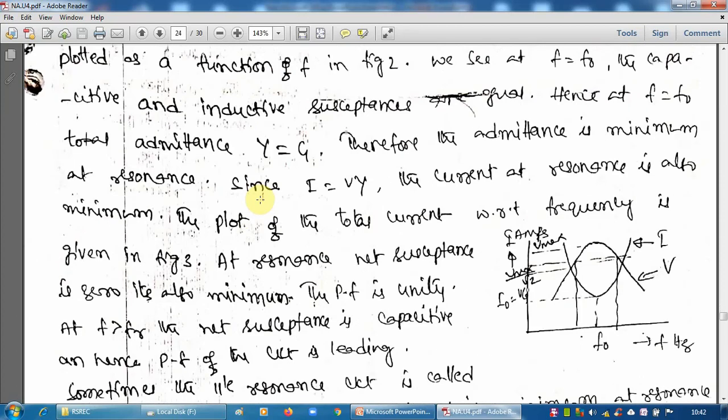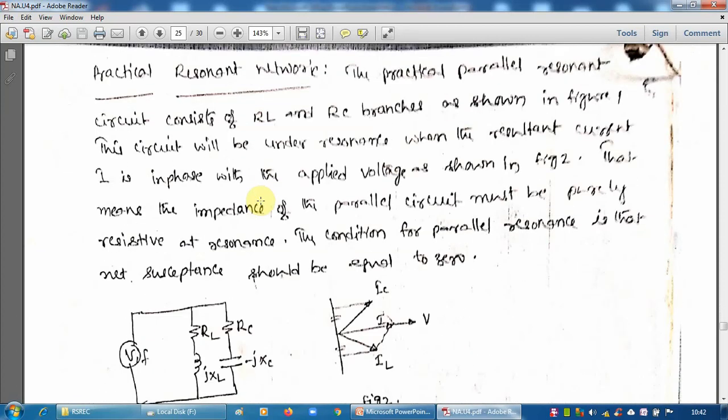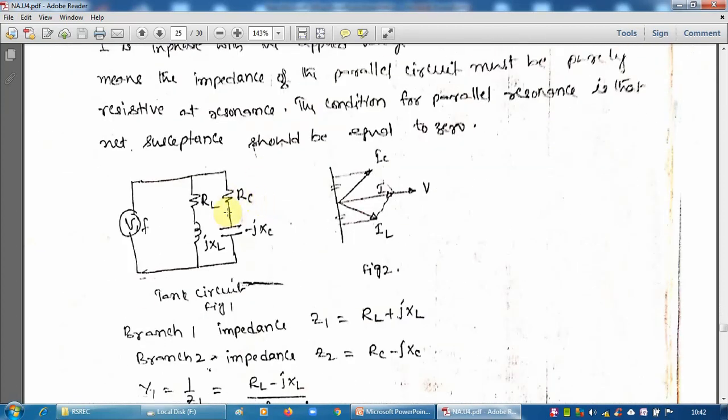But the circuits we see in practice are different forms of parallel circuit. The more generalized parallel circuit is like this, or there are some other forms of circuits also. This is one form of circuit that we can use for the study of the resonance phenomenon.